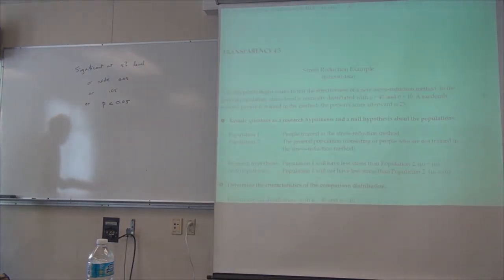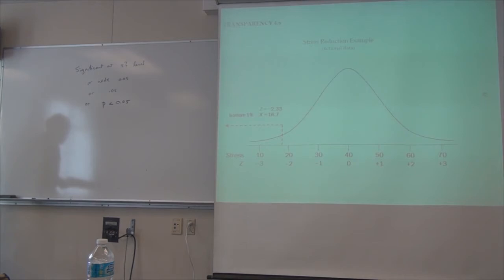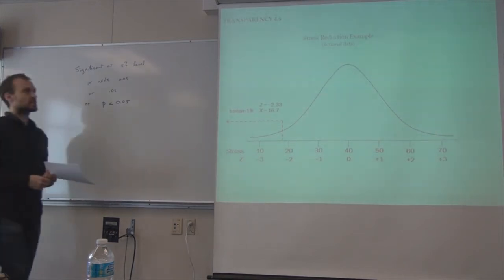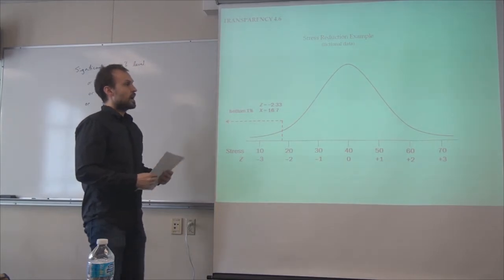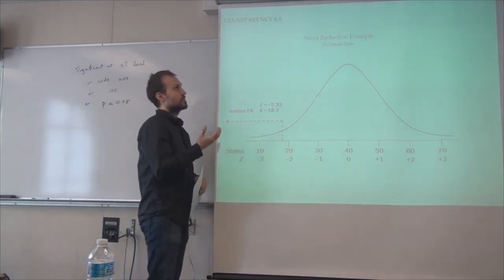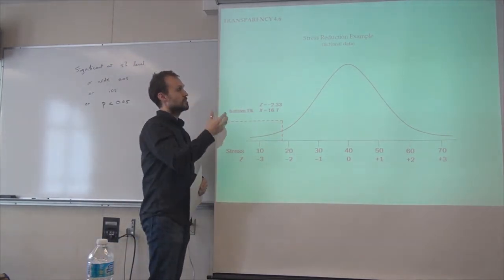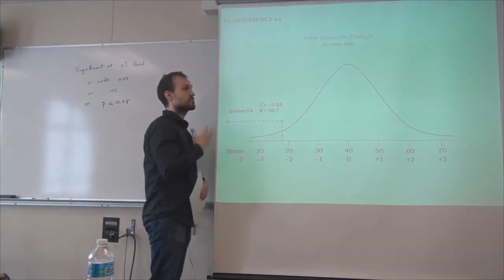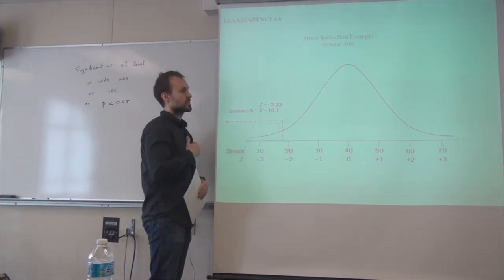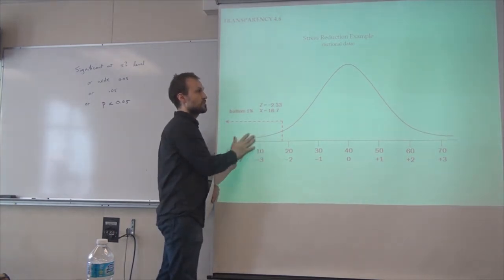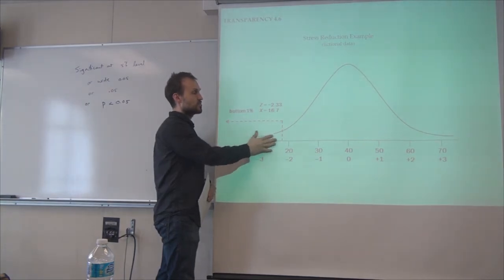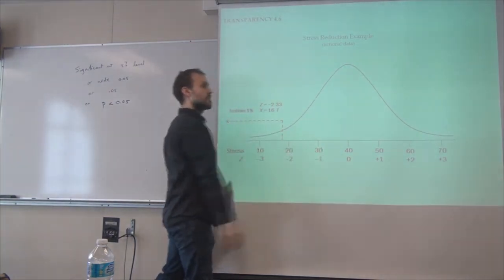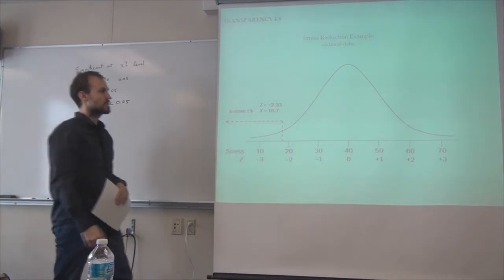So look at 4.6. Here we had our stress reduction example that we talked about last time, where I wanted to see if the method that I was applying actually reduced stress significantly from the population mean. So I was hoping for something that is to the left far enough from the population mean.